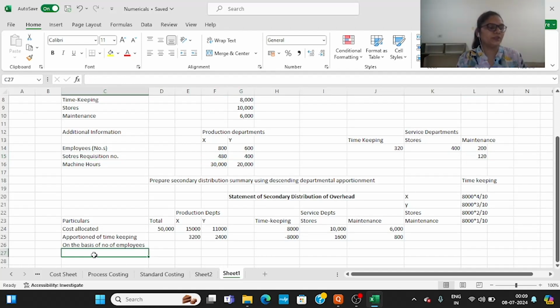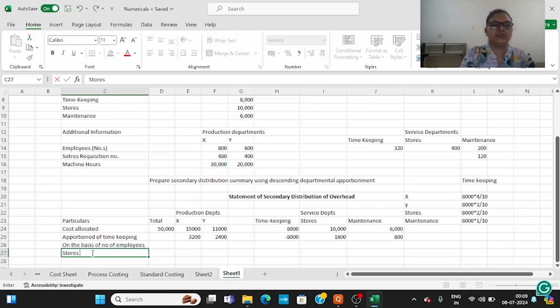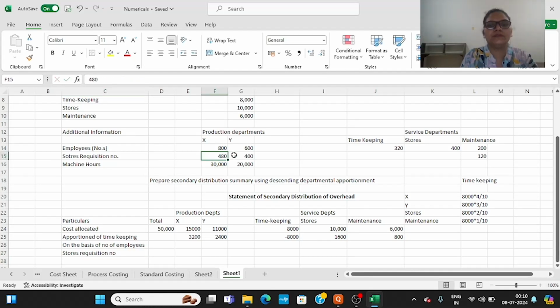Now the stores requisition number ratio comes out to be 12 is to 10 is to 3.